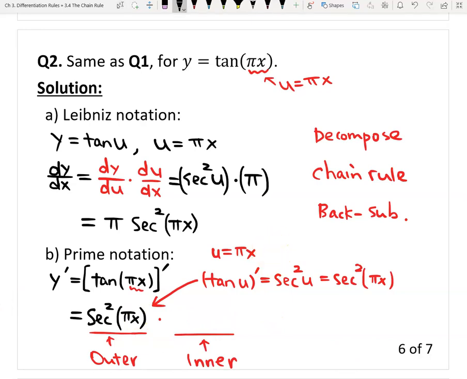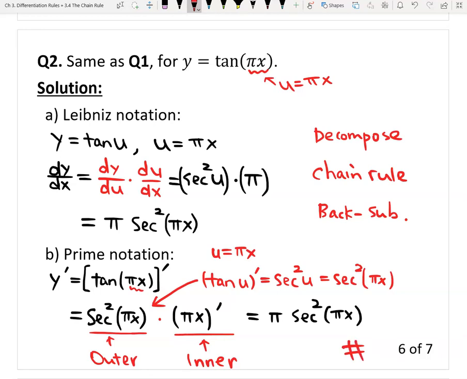The inner function is pi x, put the parentheses, take a derivative. Pi x derivative is pi, so we put the pi at the beginning and then times secant squared at pi x. This is all.